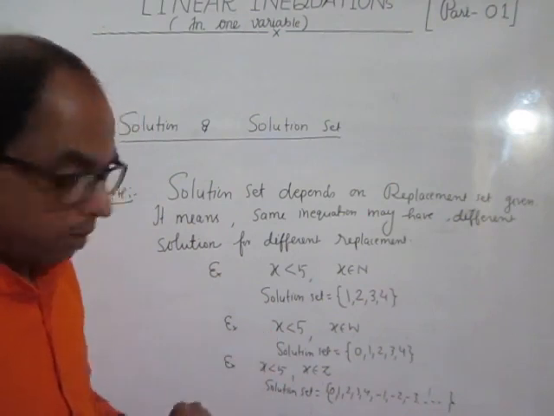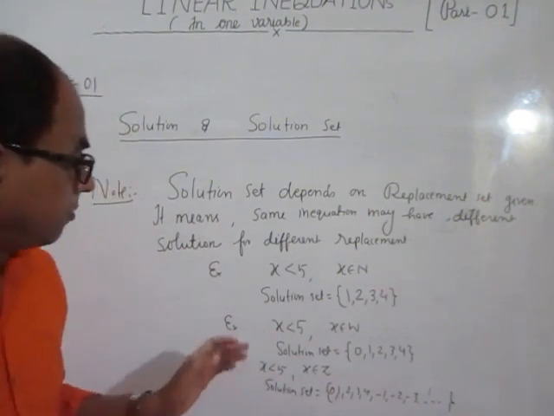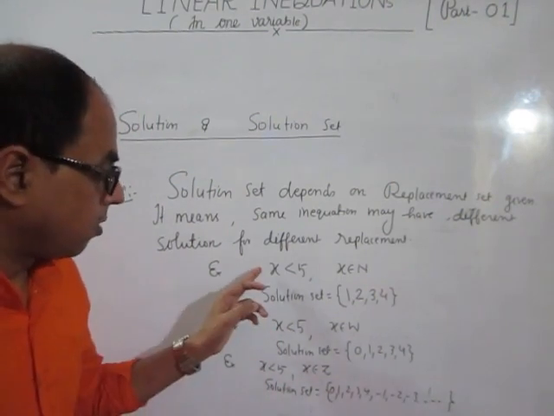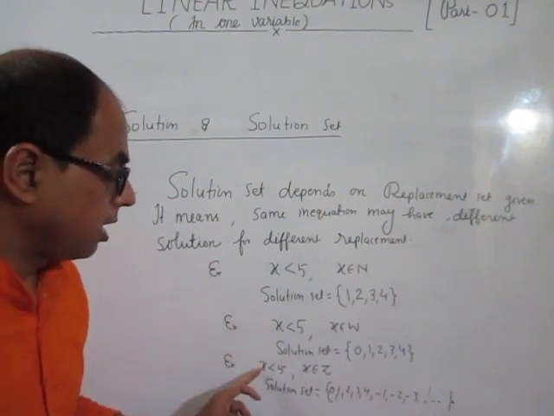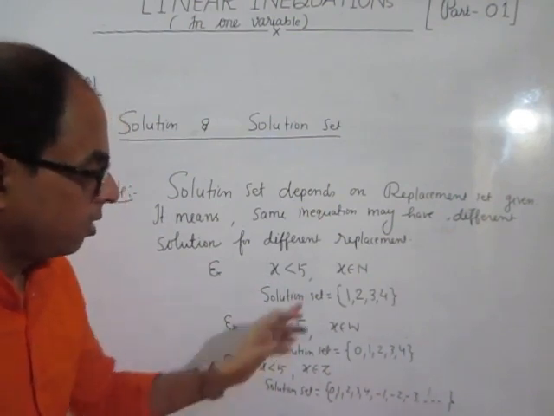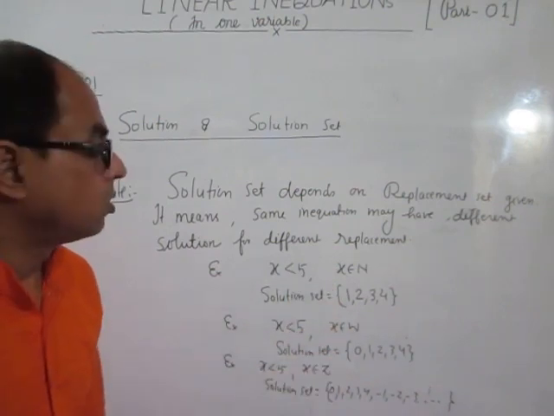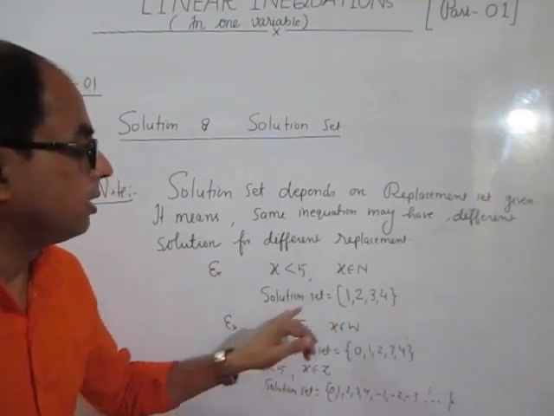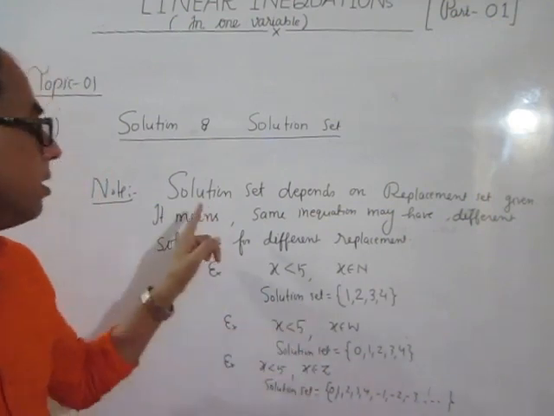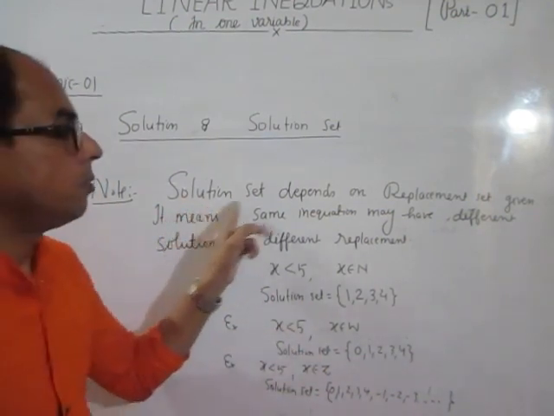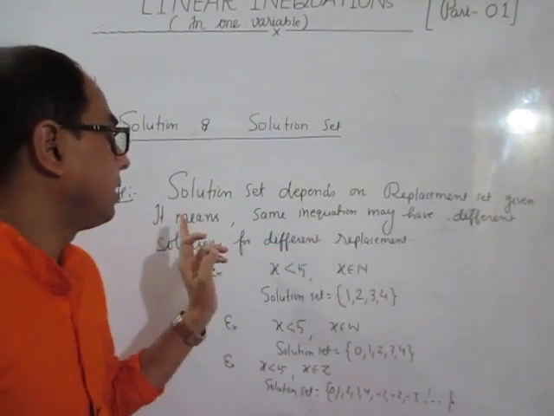So what have we got from these three examples? In all the examples, the linear inequations are the same, but the replacement sets are different. So that's why we are getting different solution sets. That's why I have written that the solution set depends on the replacement set given.